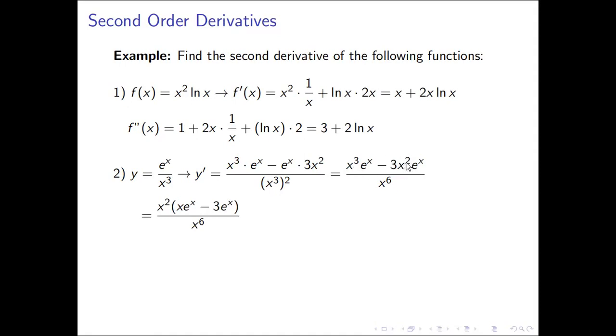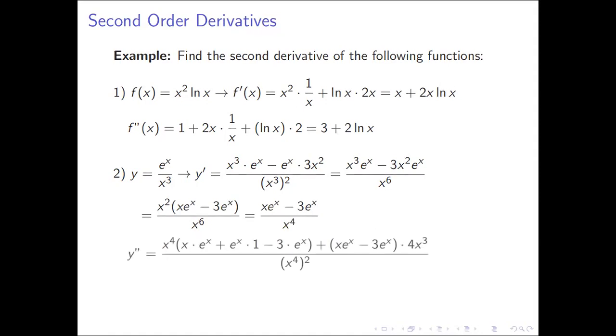I factored out x squared. And if you do so, it will cancel out with the x to the 6. So you'll be left with this. Okay? Questions on that, just send to the chat box. Now we can proceed. Differentiating.